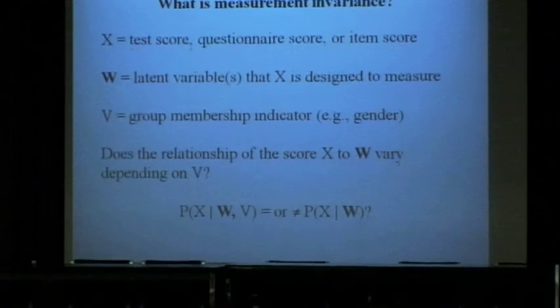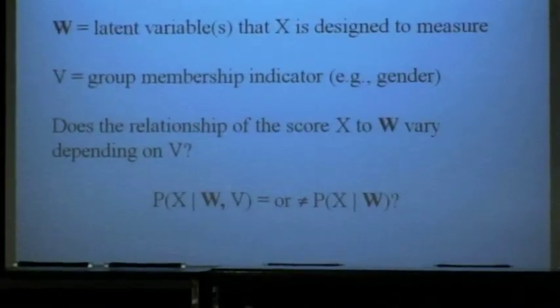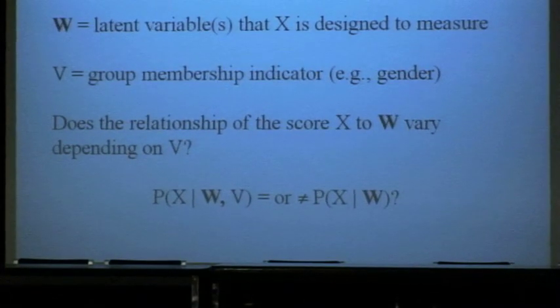If knowing what group they belong to adds nothing to the reduction of uncertainty, adds nothing to the information beyond knowing W, then we have measurement invariance. So that what counts is what we're intending to measure, and what language they speak or what group they belong to or what gender they are doesn't mean anything beyond that.